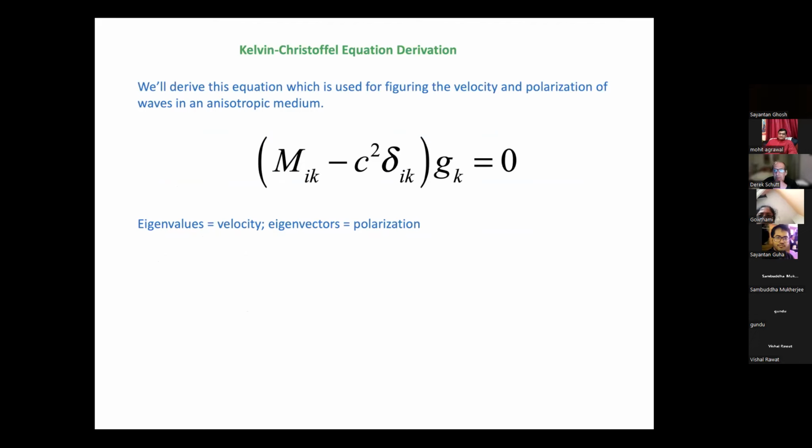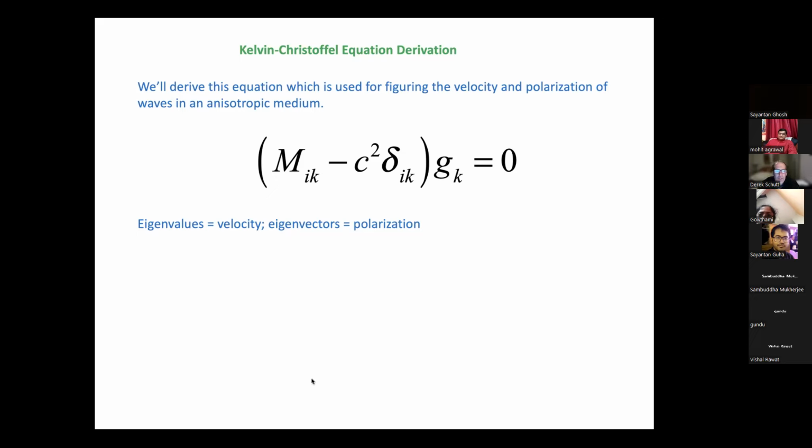All right, so here's where I'm going to deviate from the book a little bit and show you how the Kelvin-Christoffel equation is derived. And I'm going to give you an example of calculating with it.